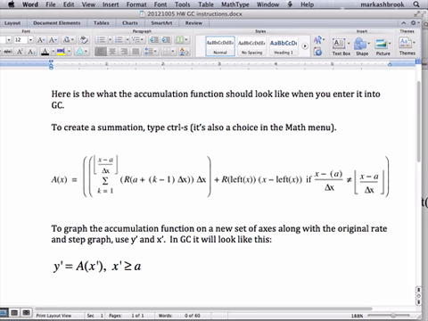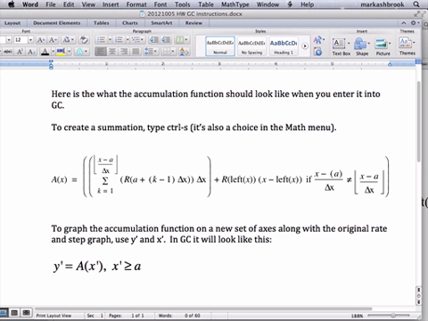So that's what it'll look like as a command line. To get the summation notation, it's going to be Control S. It's also a choice in the math menu. Control S will bring up the summation notation and give you blank spots to put your starting value and final value.